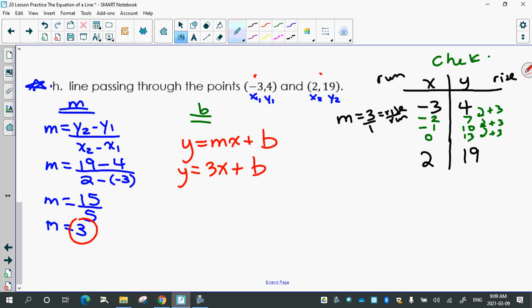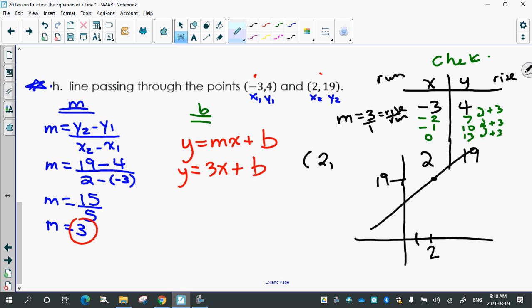This one's got both positives, but this point means that on our line, when x is 2, y is way up here at 19. So if my line has a positive slope, I know that when x is 2, y is 19. Everyone agree with that?